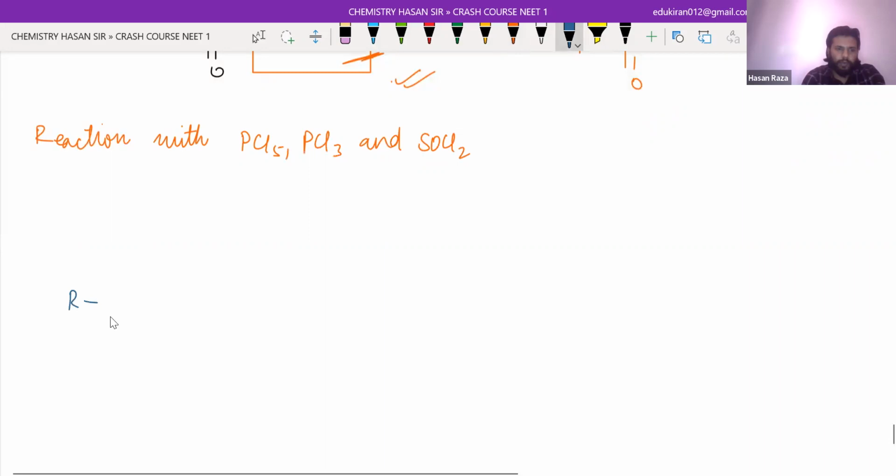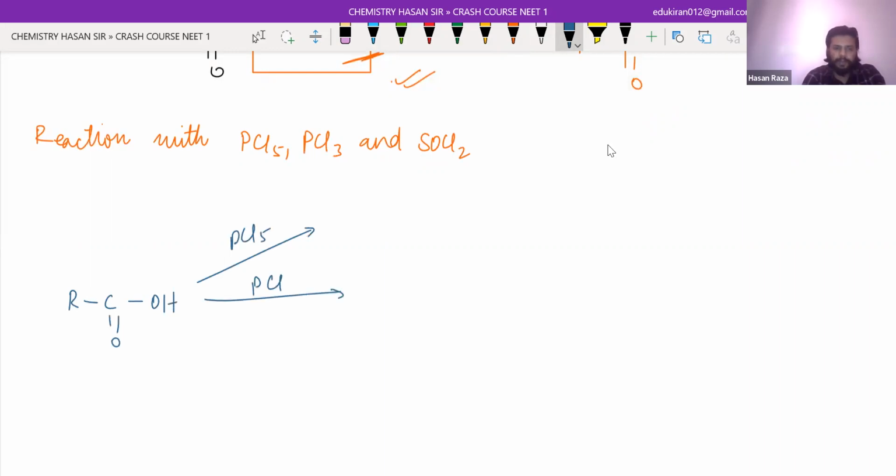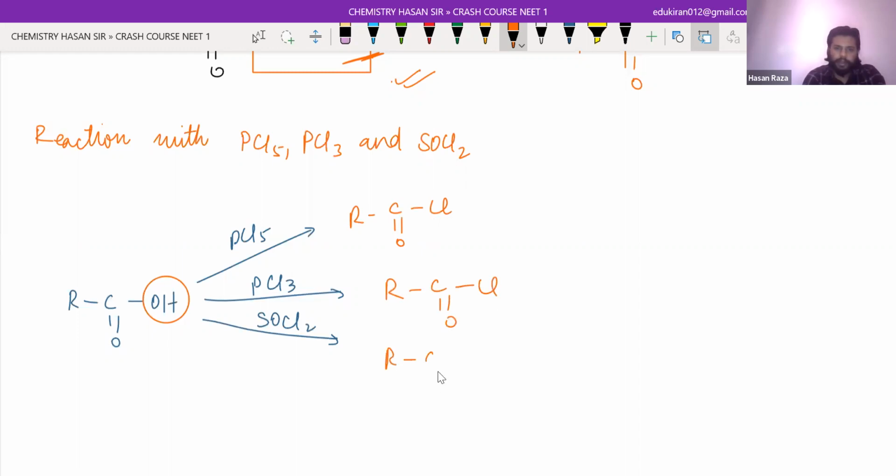If you are going to react any one of these with a carboxylic acid, you just need to remove OH and replace it with Cl, and you will get acyl chloride, again acyl chloride, and again acyl chloride.